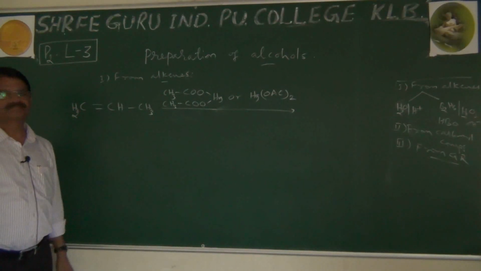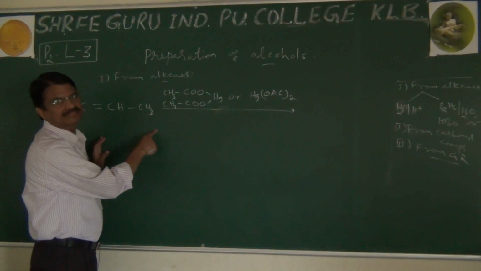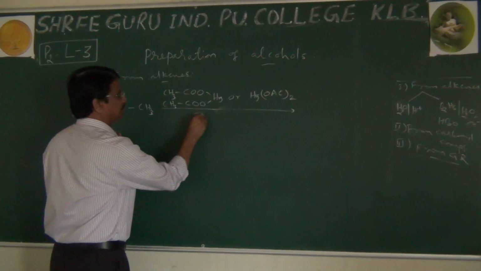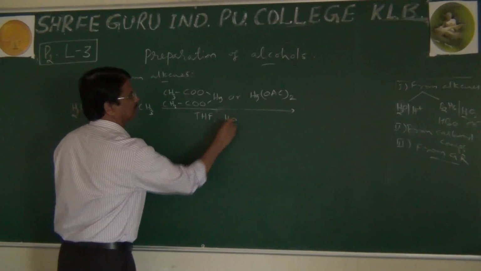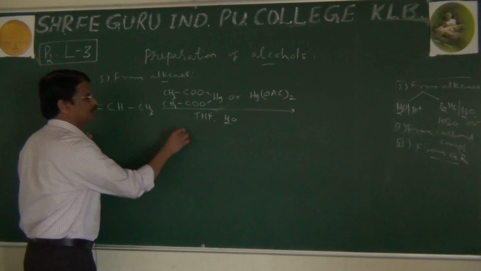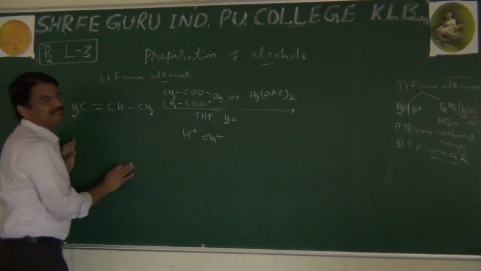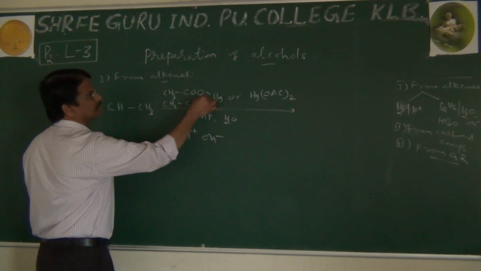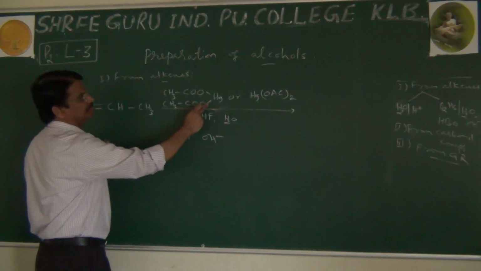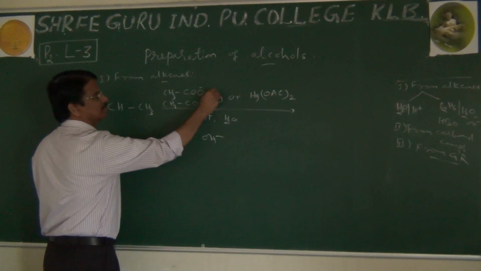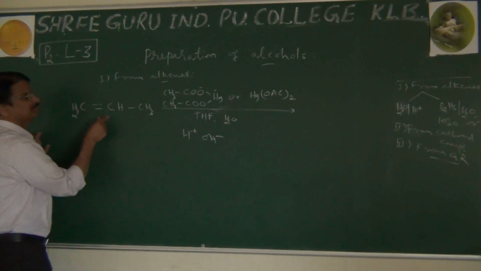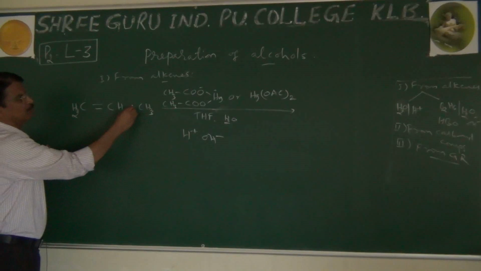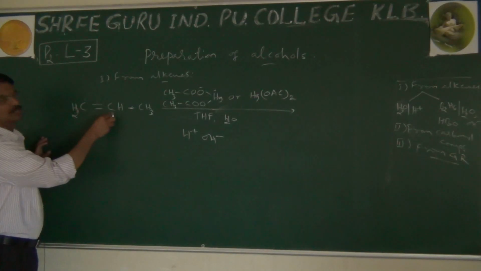This is mercuric acetate. Then during the reaction, you can add THF and water. H2O contains HOH. Now consider the bond breaks here, giving OH negative and H positive. Because the methyl group is an electron donating group, this carbon is negative and this is positive.